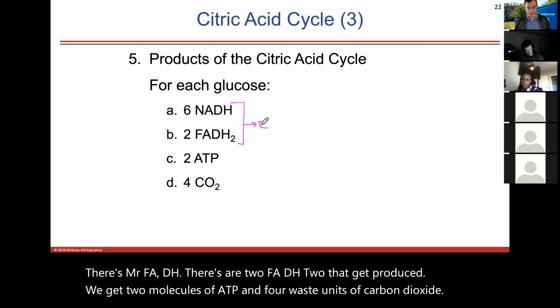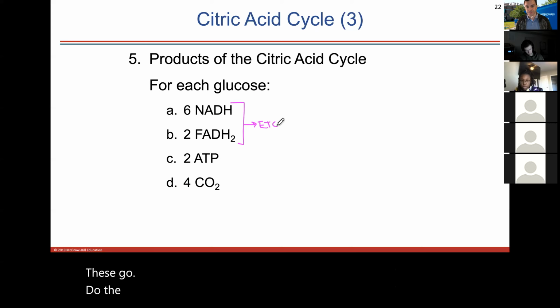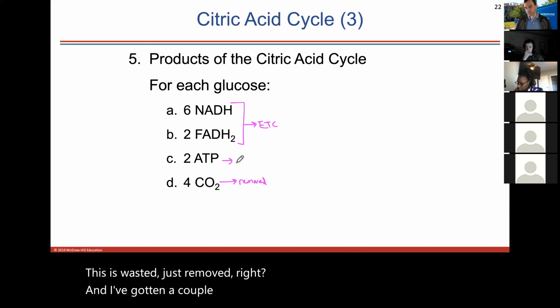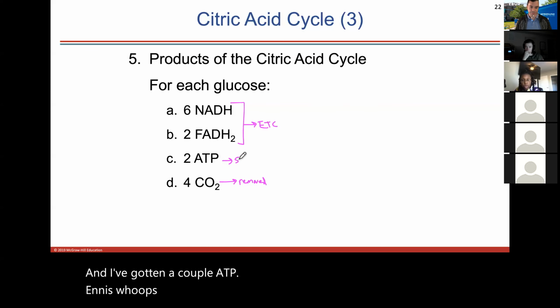These go to the electron transport chain. This is waste. It's just removed, right? And I've gotten a couple ATP. And this stays in the cell.